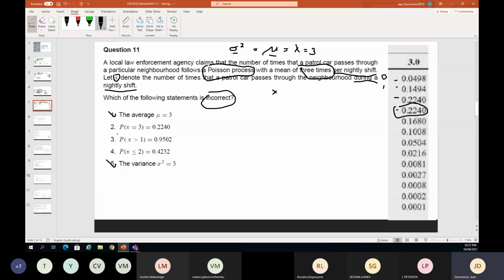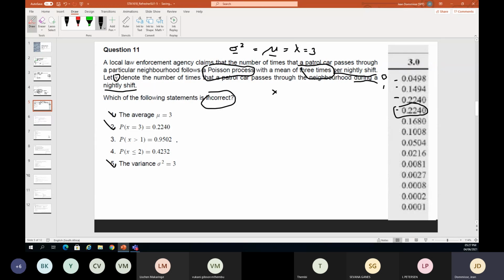I first want to look at the easiest, which is always the equal. So x equal to 3: 0.2240, correct. So at least now we're only sitting with 2.